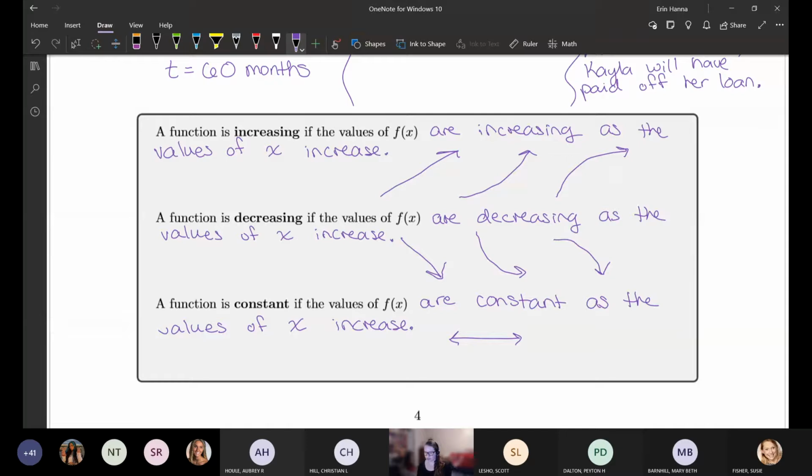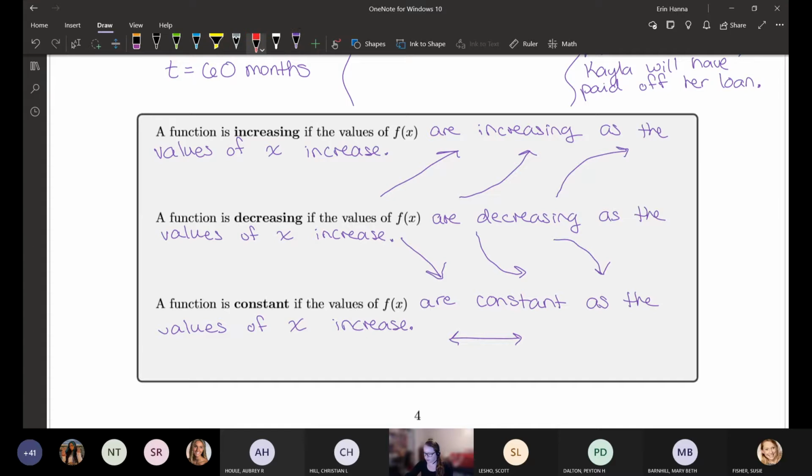So in all of these cases, we are looking at when the x values are increasing. So if your x values are doing different things, you need to rearrange them into an increasing pattern to be able to figure out whether it's increasing, decreasing, or constant.